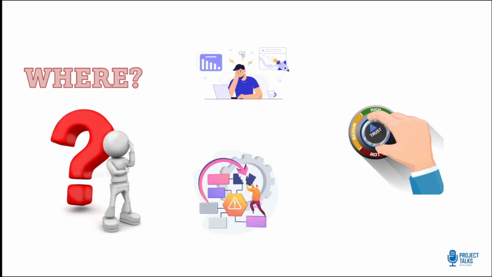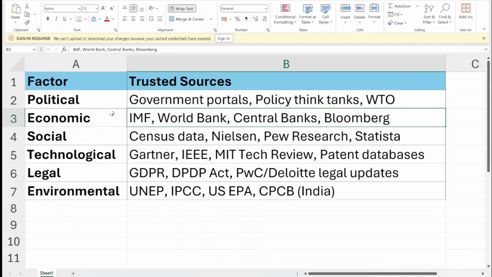Now, you might be thinking, where do we actually get all this PESTLE information from? Don't worry, we don't just pull it out of thin air. We have some reliable go to sources. Let me pull this in a table for you. Here's a list of trusted sources. Now, obviously, this is not an exhaustive list, but you get the idea from this.